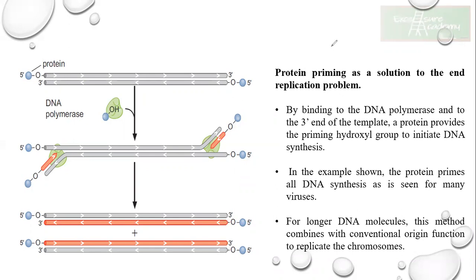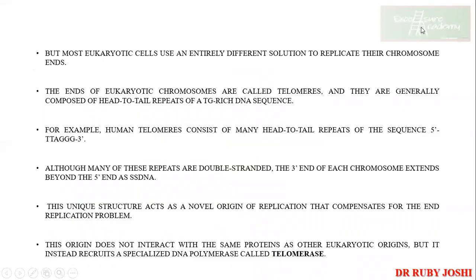The second solution is to have the role of telomerase. Is the first one clear? Till now we talked about how prokaryotic replication happens in a circular chromosome, then how eukaryotic linear DNA gets replicated.